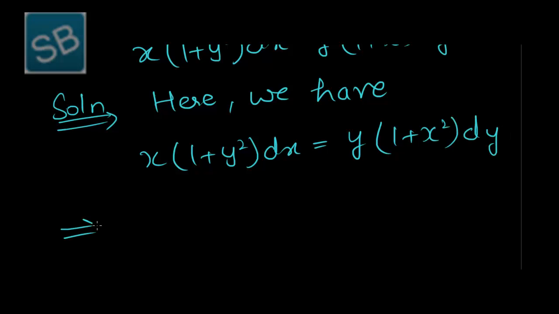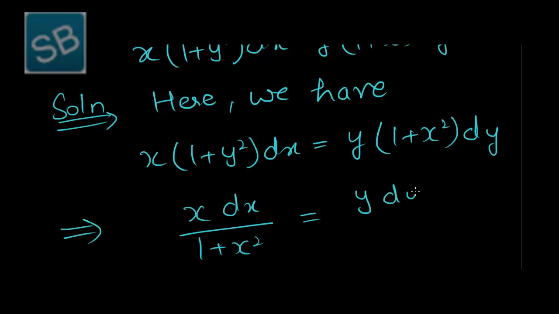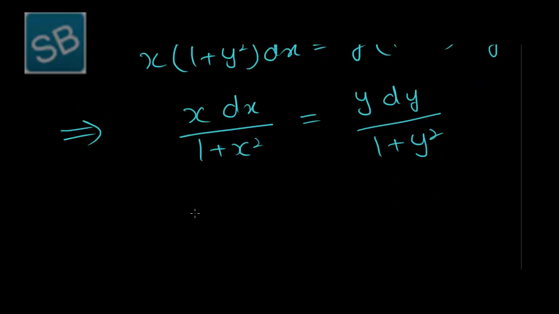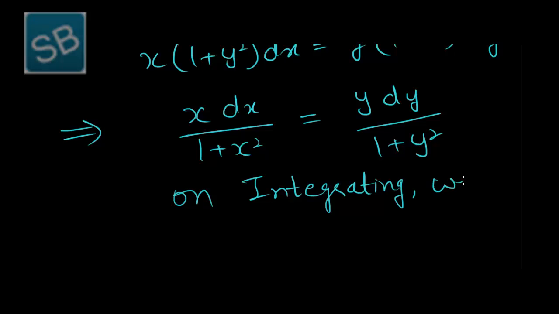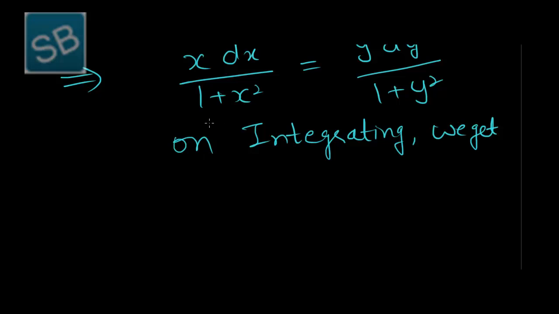Now we can separate the variables as x dx over 1 plus x square and y dy over 1 plus y square. Now on integrating, we get, that is, if we take 1 plus x square as t, then 2x dx will be its derivative. In the same way, 1 plus y square as z, then 2y dy is its derivative.